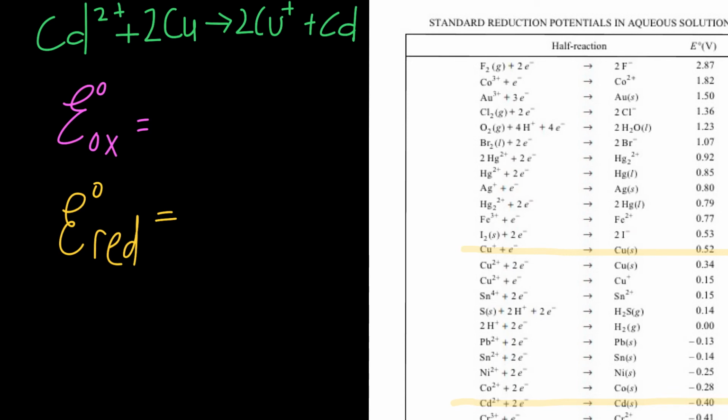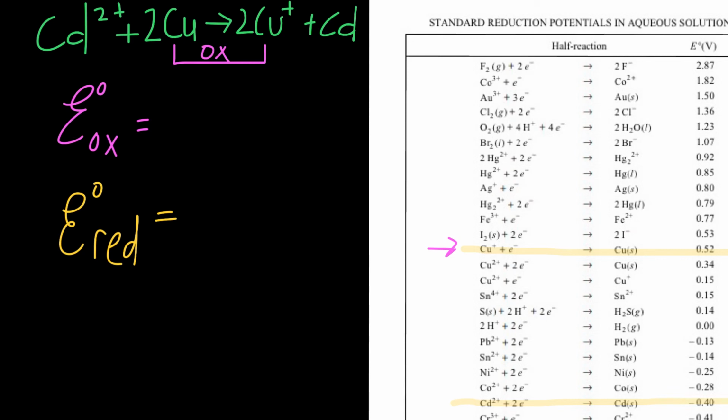So don't simply take a look at this and say, okay, well, copper is the more positive, so that's the one that's going to be reduced. You have to do it based on the reaction that you see. So if you look at copper, it goes from the metal to having a +1 charge. That means it's going to lose electrons, and that's what's oxidized.